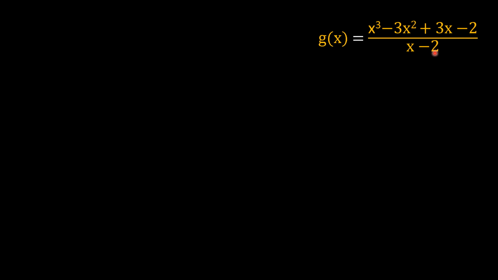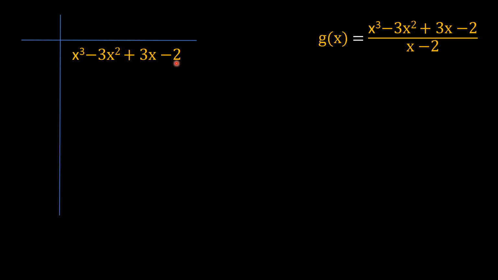In order to get quotient and remainder, we have to carry out the long division process. For that, we will write the dividend here and the divisor here. First, we will divide x cubed by x, which gives us x squared, which we write here. Now we will multiply x minus 2 by x squared.